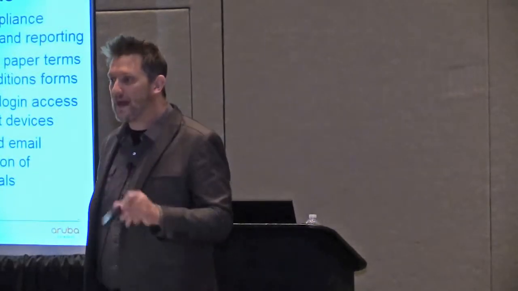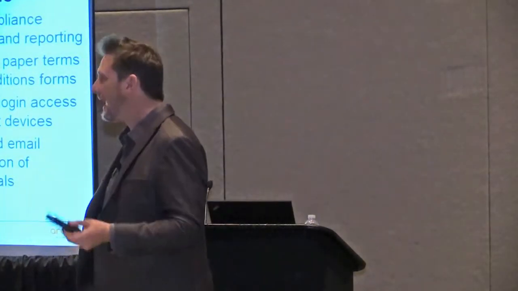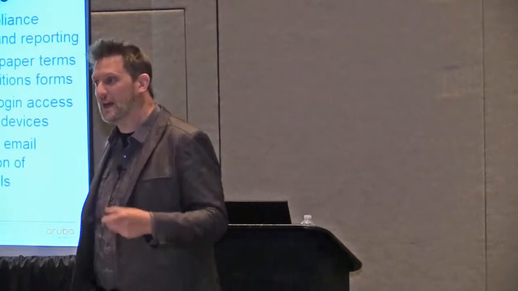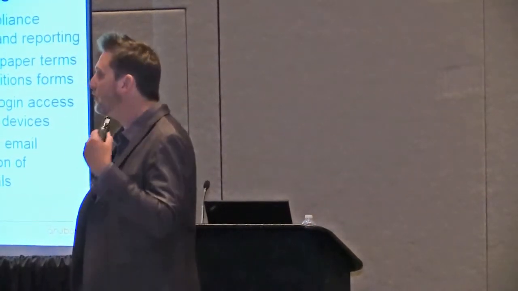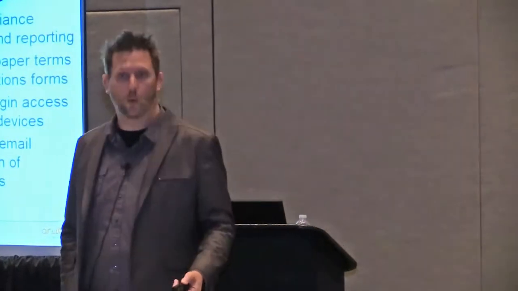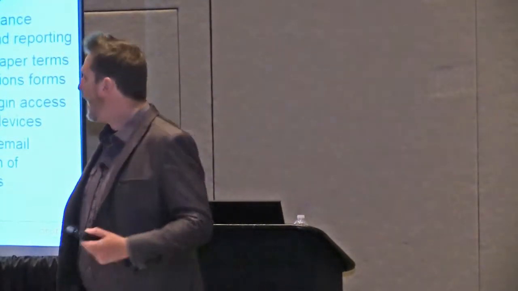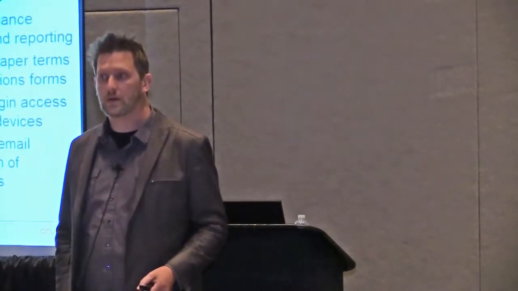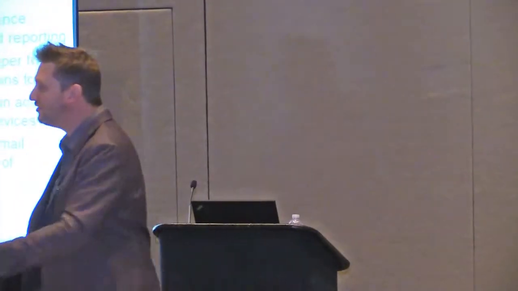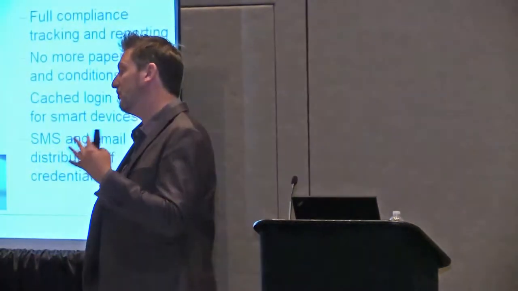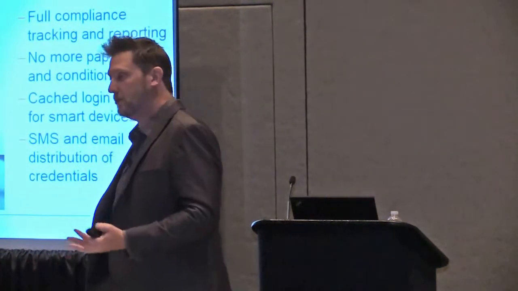What data do they have access to? Did somebody hand them a thumb drive that they plugged in and now they're pushing data to Dropbox? I want to know that, right? And if they're using their own hotspot, I'll never know, will I? So how do I make sure that I know that? I create a guest mechanism that's easy for them to use and, frankly, faster than their hotspot.